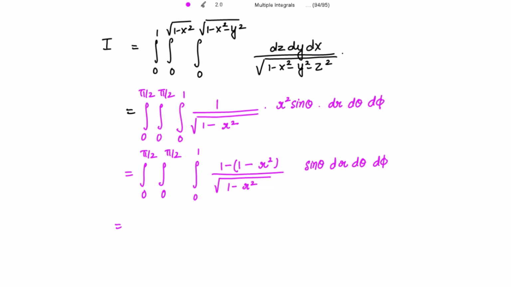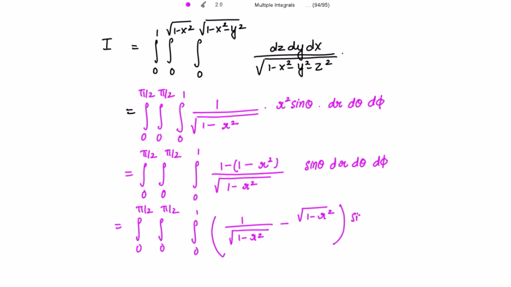And then I'm going to separate this: 0 to pi by 2, 0 to pi by 2, 0 to 1, 1 over square root of 1 minus r square, and this is 1 minus r square over square root of 1 minus r square. That will give you square root of 1 minus r square in the numerator. Sine of theta dr d theta d phi.